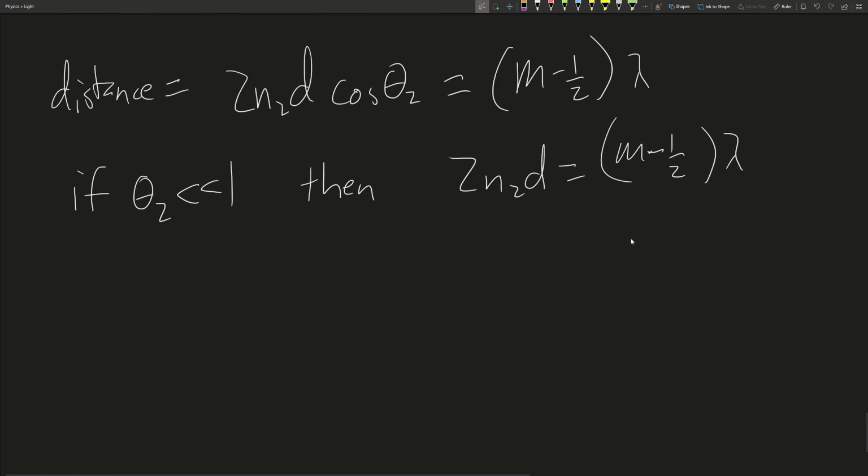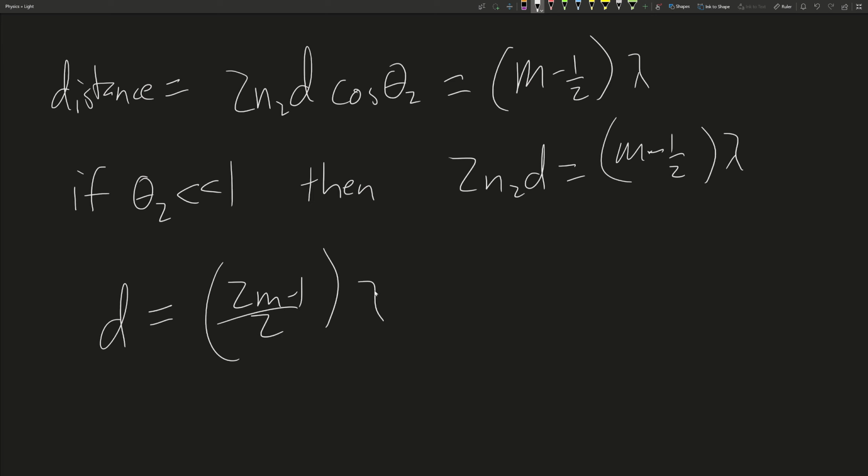And then if we move things around a bit, we get that d is equal to 2m minus 1 divided by 2 times this wavelength in a vacuum divided by n. So again, this is going to be the wavelength inside the material.